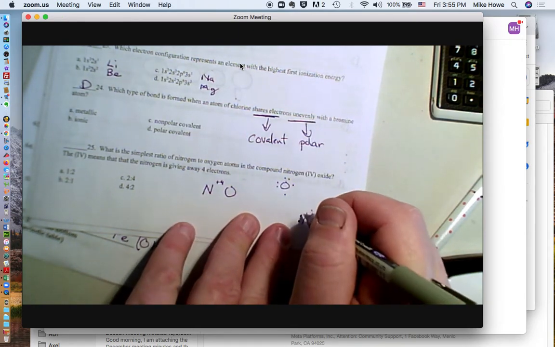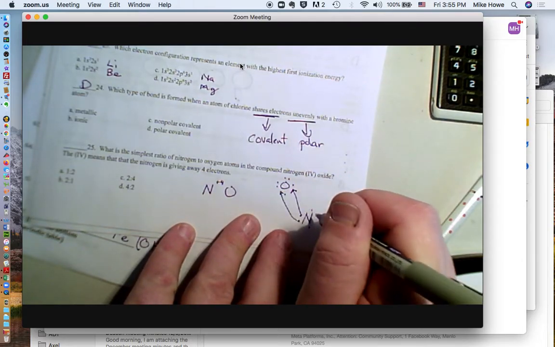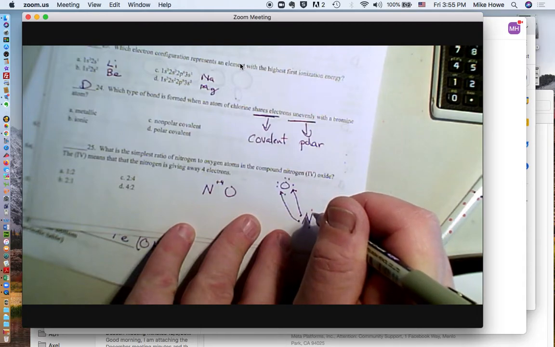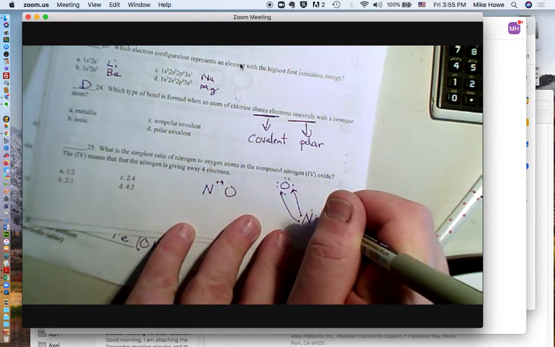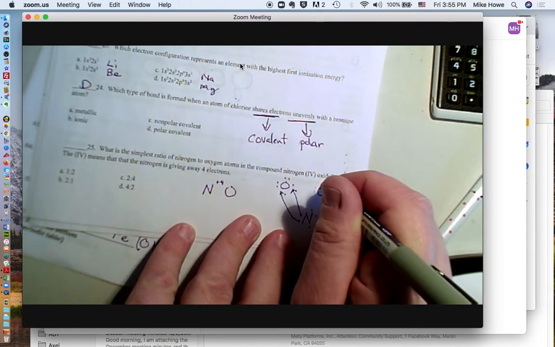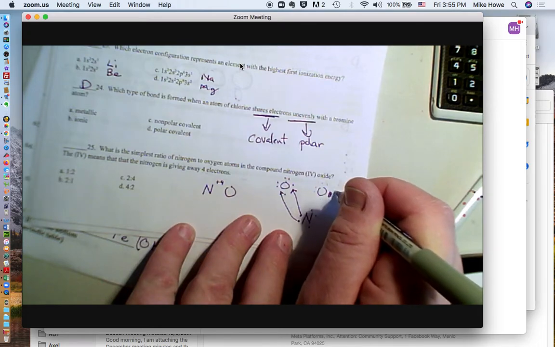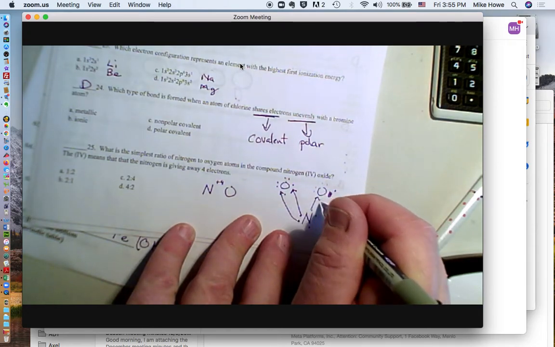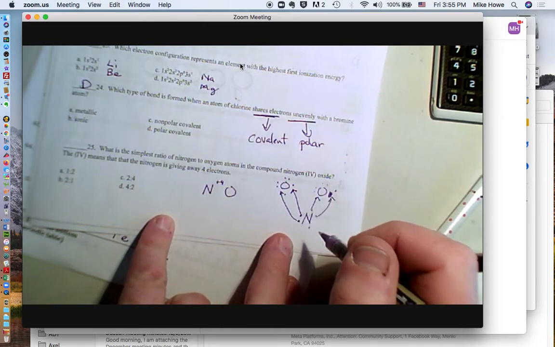All right, so this guy is going to go here, and this guy is going to go here. I still got 2 of the 4 I'm going to give away, and those 2 are going to go into another oxygen. Whoops, I mislabeled that one. There you go. So there and there. All right, so that's nitrogen dioxide.